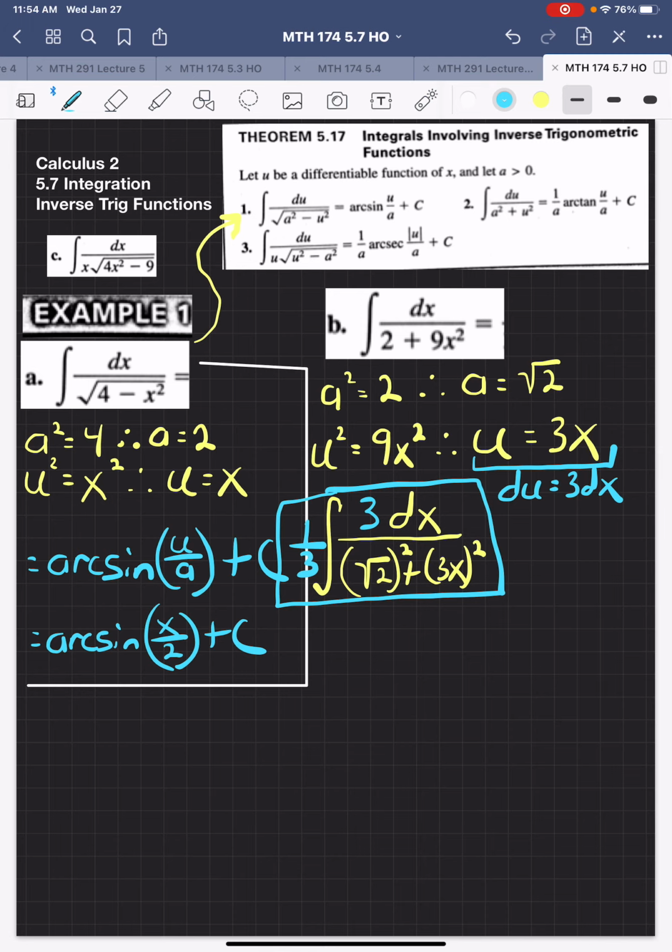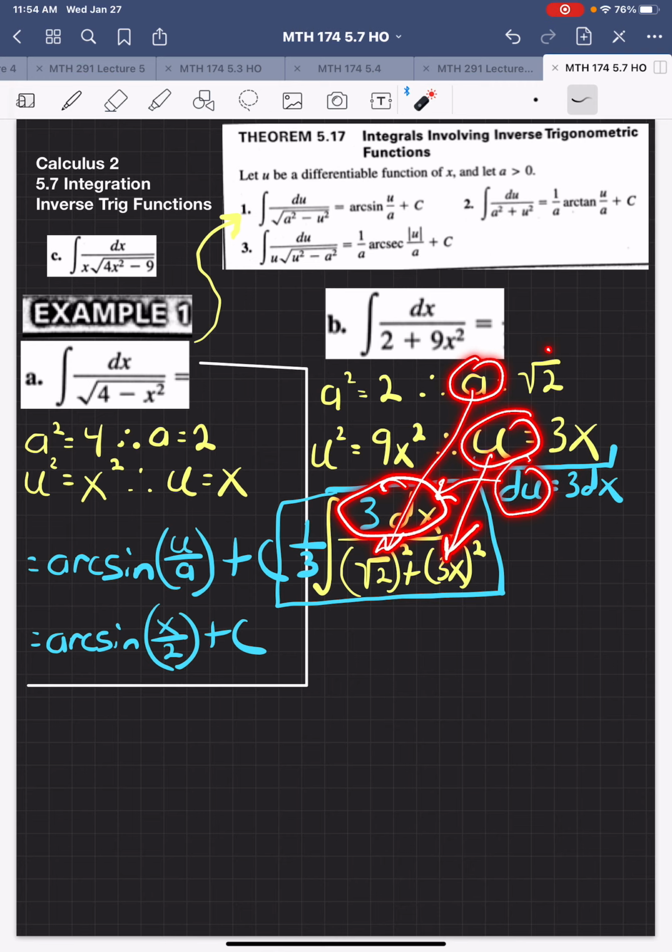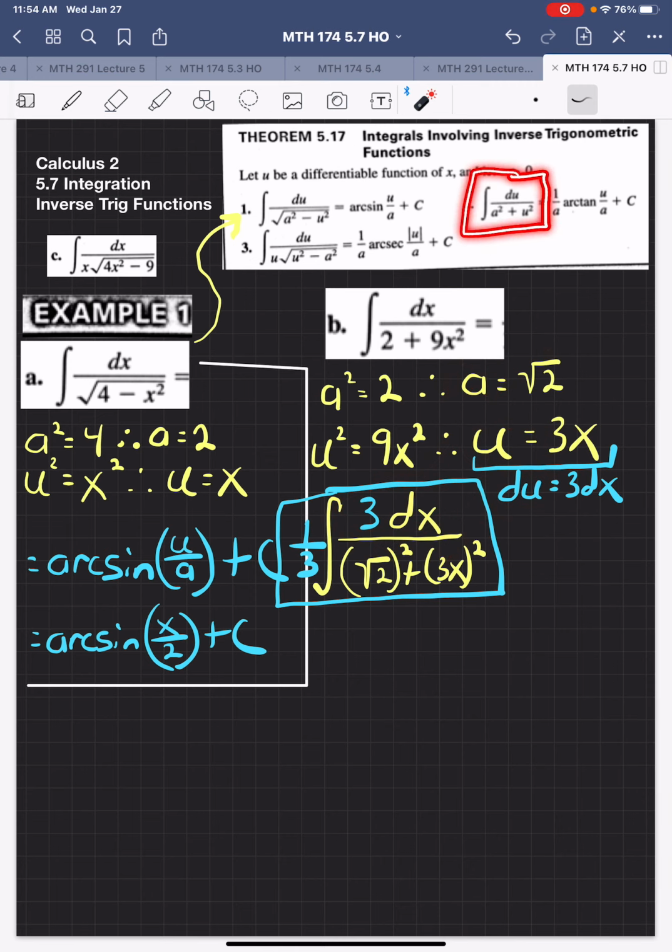I know that's a little bit cluttered, but now I can substitute du here, a here, and u here, and it matches perfectly with our integration formula. So we can just jump right to it and use our formula.